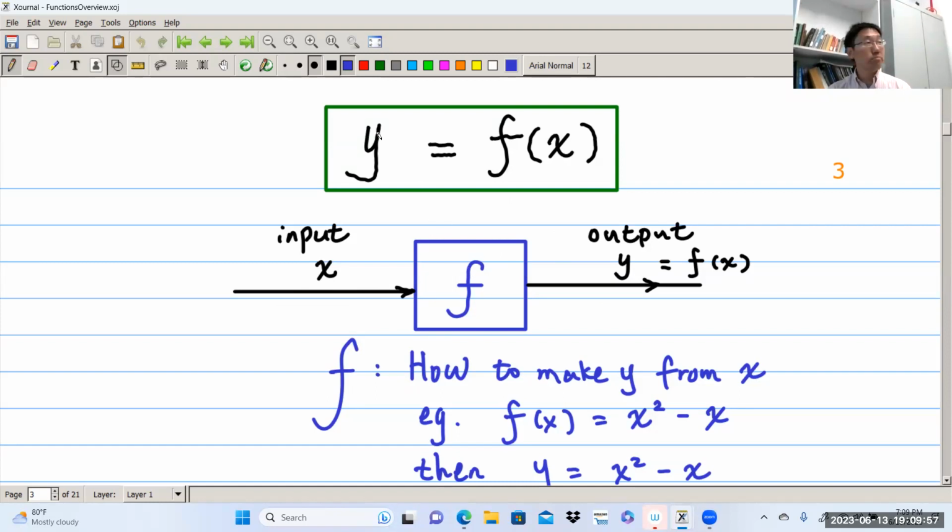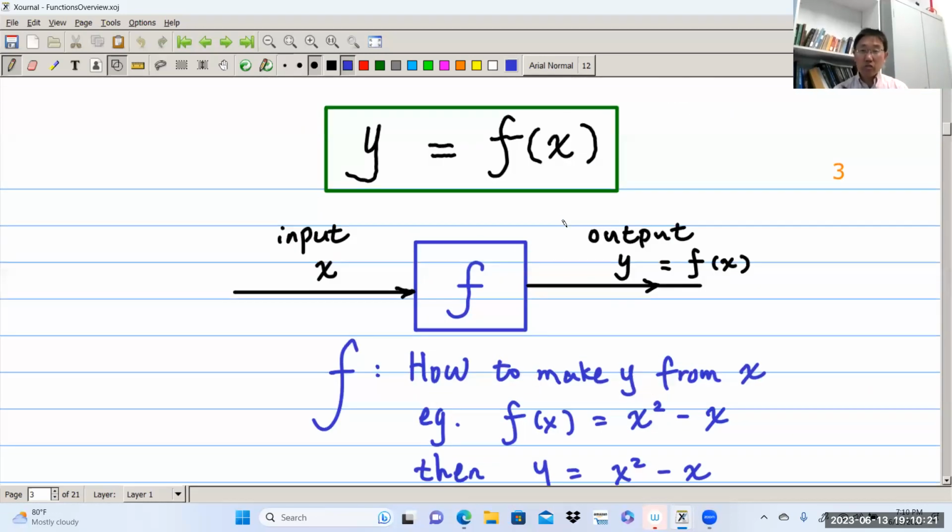So how is y made from x? y is made as f of x. So f works on that x to make y. That's a very natural notation for this. I forgot who initially introduced this notation for functions, probably Euler.